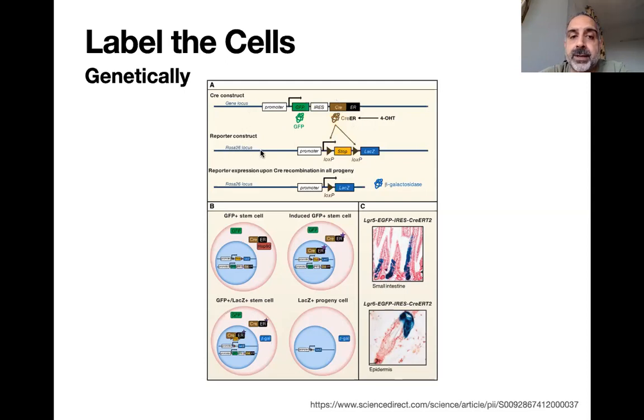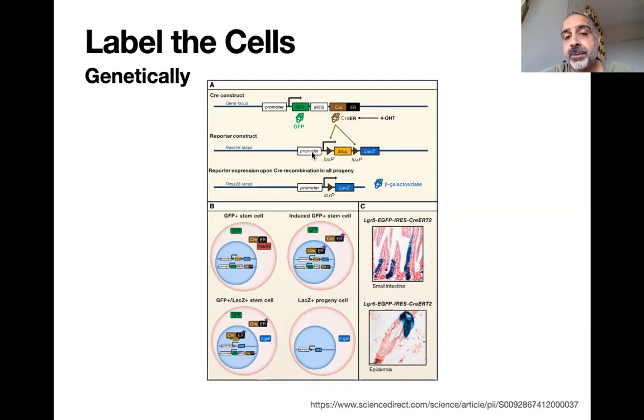The reporter contains a strong promoter, which is ubiquitous, but downstream of this strong promoter is a transcriptional stop that's flanked by two LoxP sites. Beyond this is a reporter gene, here it's LacZ, but it could be GFP, it could be any readout for the activity of this promoter.